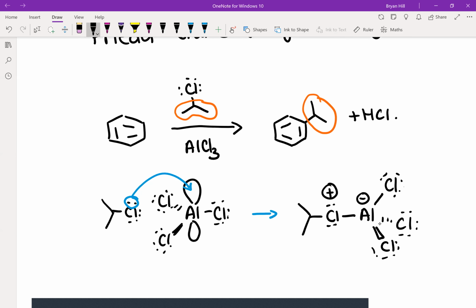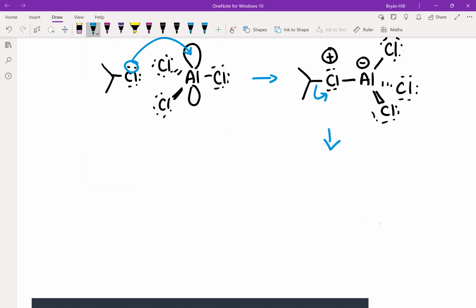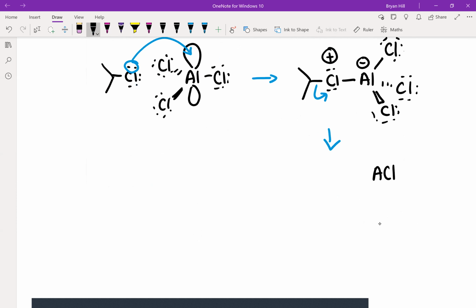Now, depending upon the type of alkyl halide we've got, this can undergo a couple of different possible reactions. So if we do this, what we're going to form is aluminum tetrachloride plus a carbocation.